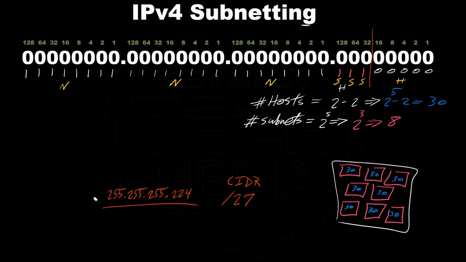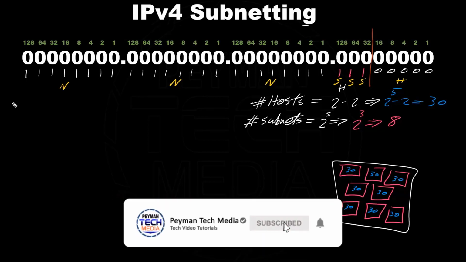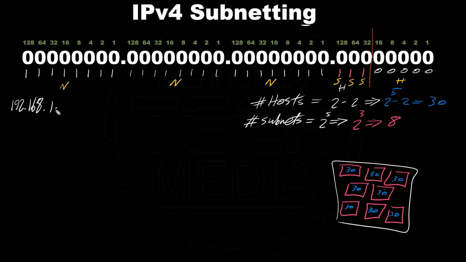So I'm going to erase all this. Let's say they gave us a class C IP address, 192.168.1.82. And of course the CIDR notation is 8 plus 8, 16, plus 8, 24, 25, 26, 27. So the CIDR notation is /27. And we already know this CIDR notation /27 gives us 255.255.255.224. Where is this 224 coming from?